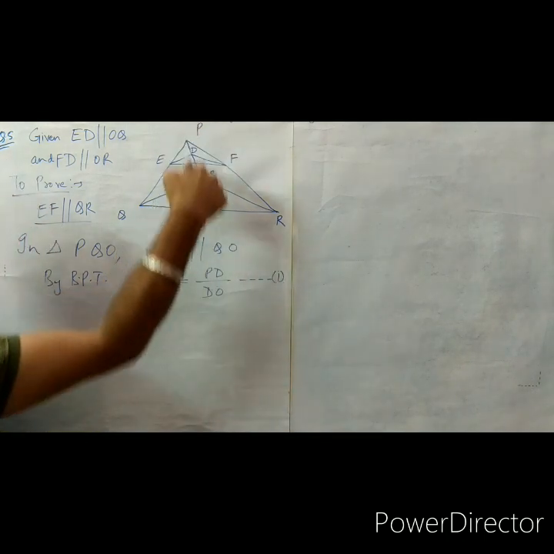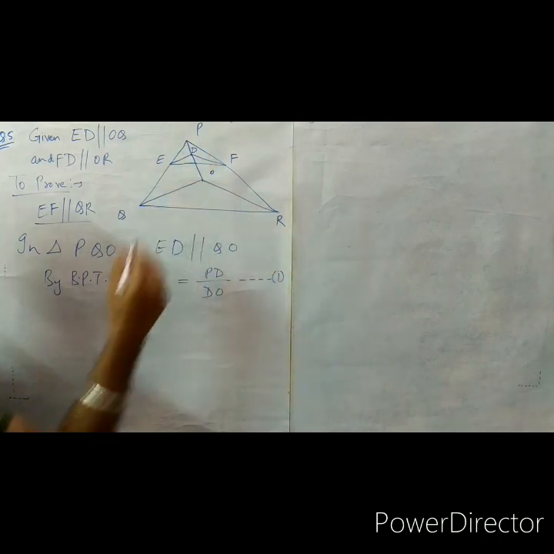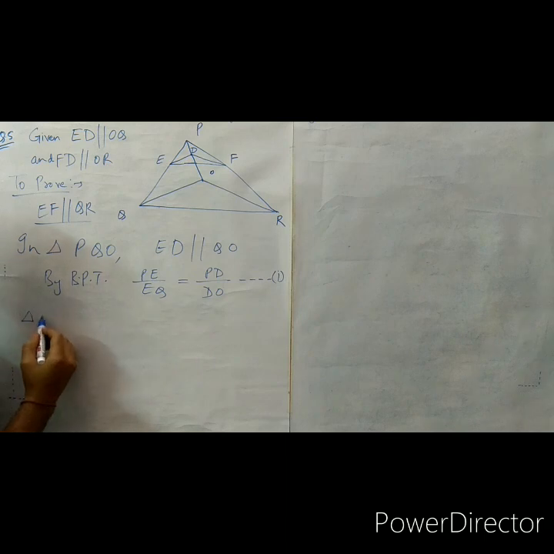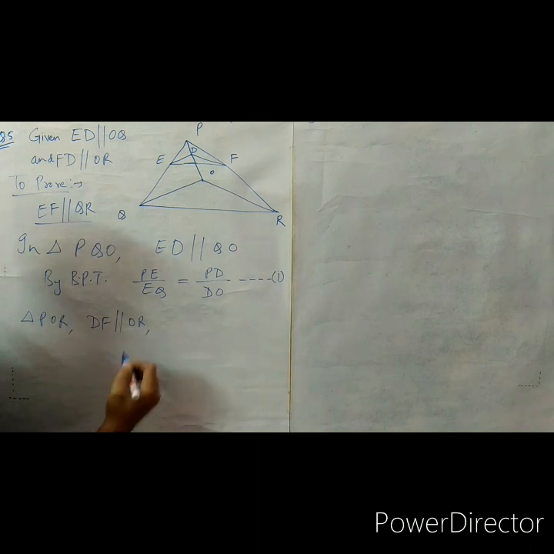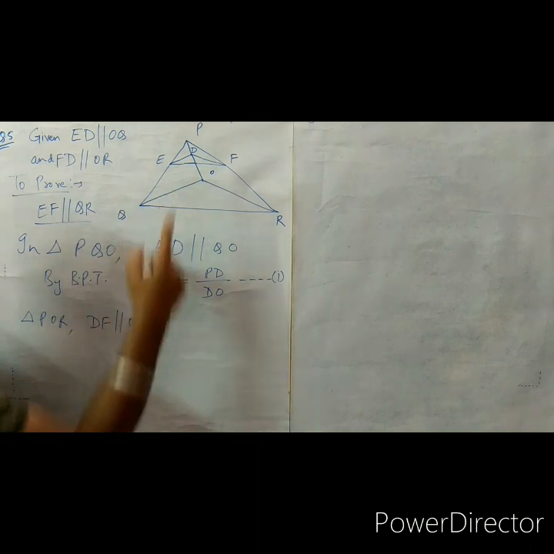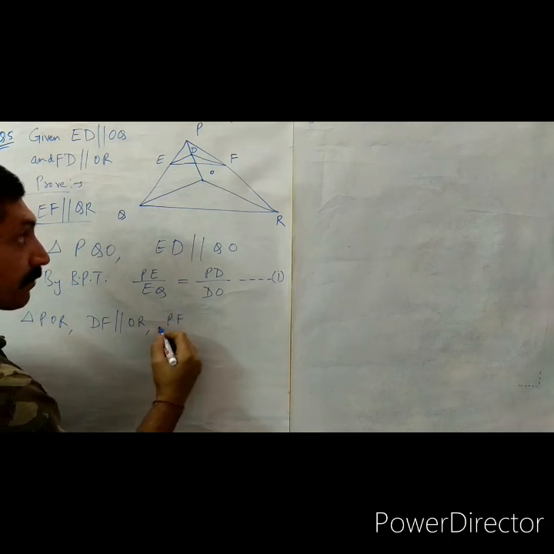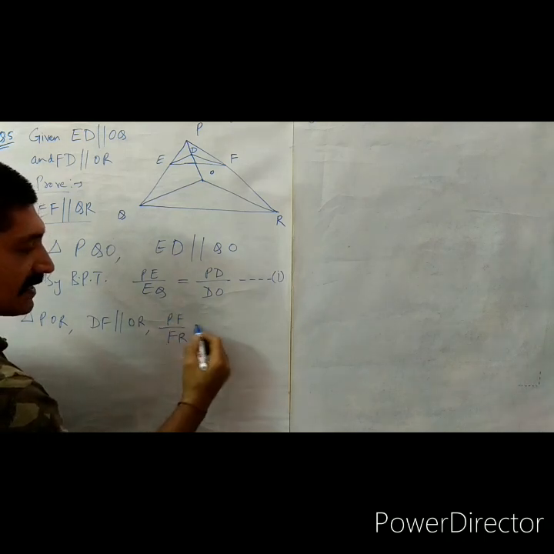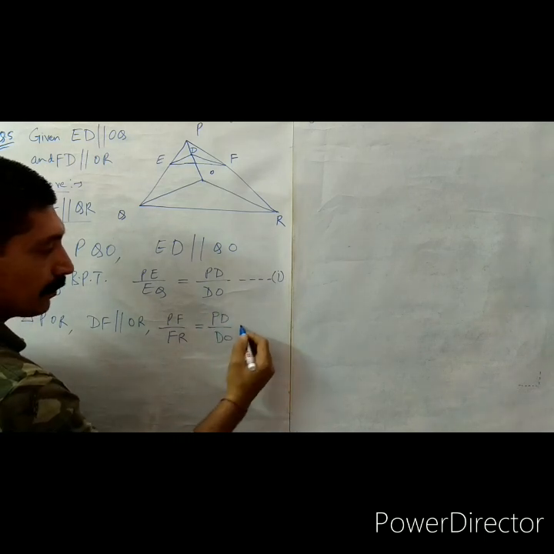Similarly, in triangle POR, DF is parallel to OR. So by BPT, we can write that PF upon FR is equal to PD upon DO.